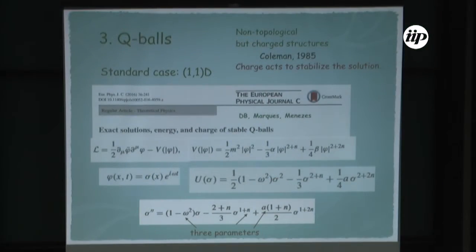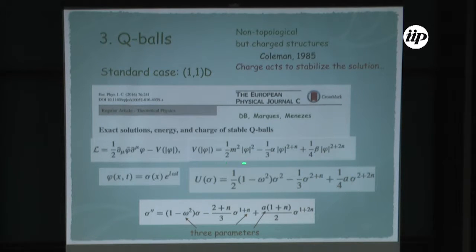So the stability problem is a little more complicated. You have time here, but the time evolution is still trivial. Then this sigma field is like my X field, my phi field in the static case.